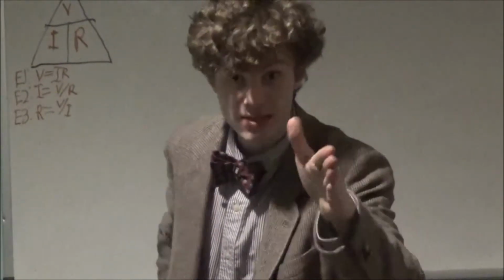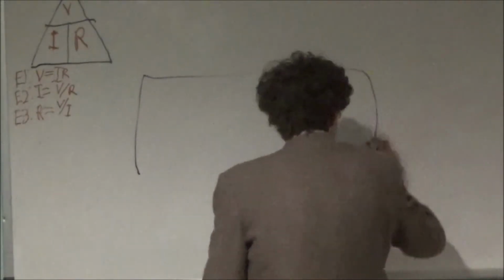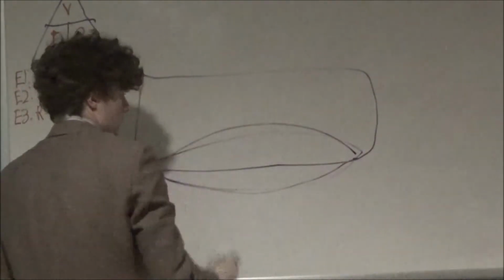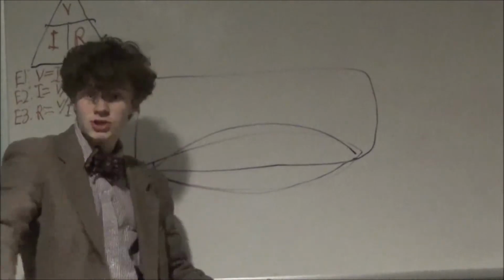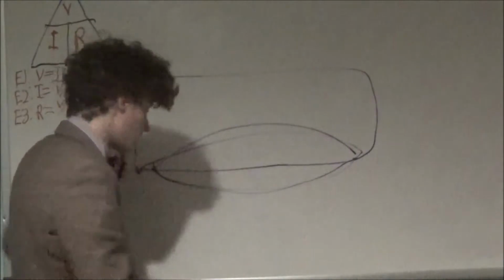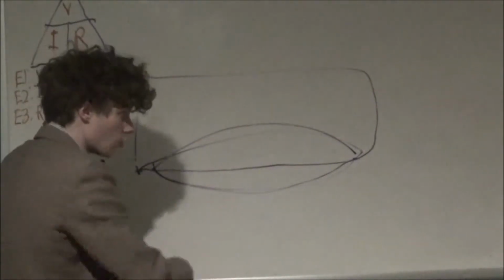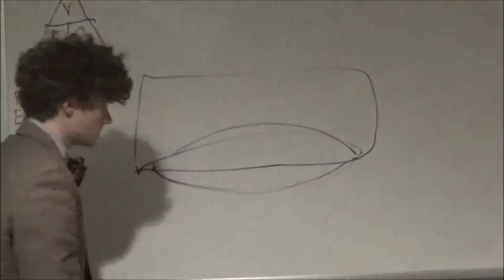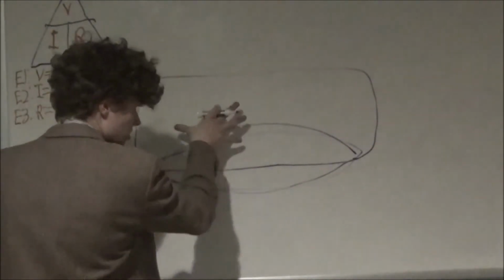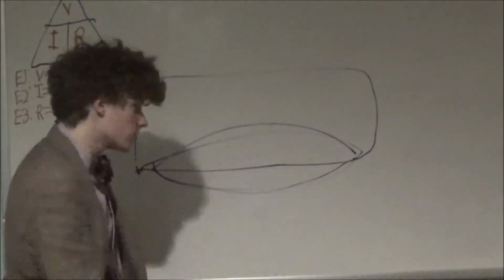The other main type of circuit we will be dealing with is parallel. It looks completely different, so I'm going to explain it to you. This is a parallel circuit, a circuit that splits apart and reconvenes in different paths. Electricity, just like water, will always find the path of least resistance. So what you're doing is you're basically dividing the added resistances by the different paths it could go.